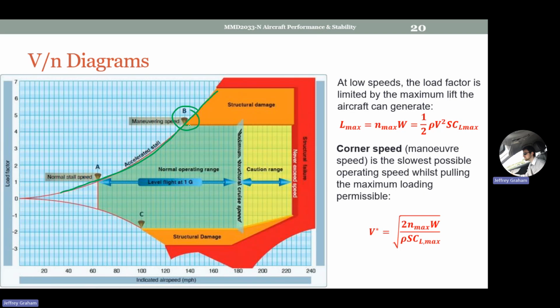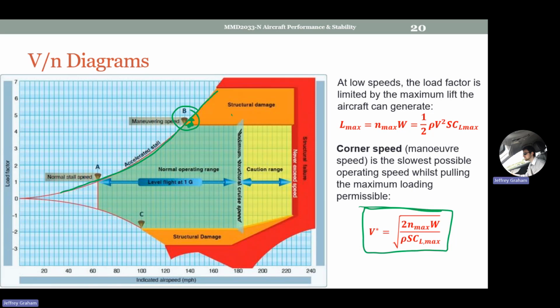But it's also pulling the maximum G loading, because if you go any higher than that for the G loading, we cause structural damage where we don't want to go. So point B is the slowest speed at the maximum value of N. And we've got a little equation here. It's basically the lift equation rearranged to determine how to calculate that.